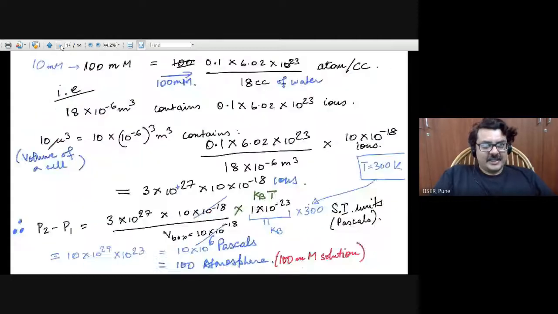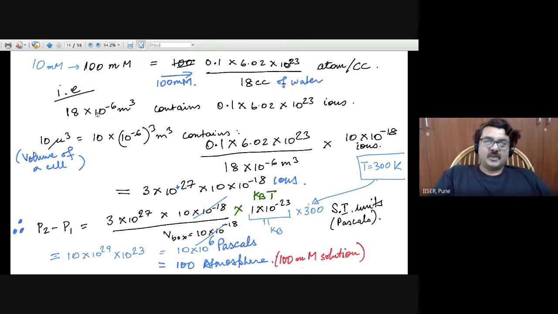Here I quickly show how we get 10 to 100 atmospheres. 100 millimolar is 0.1 moles, which is so many molecules, 6.02 into 10 to the power 23 ions per 18 cc of water. That's what it means.